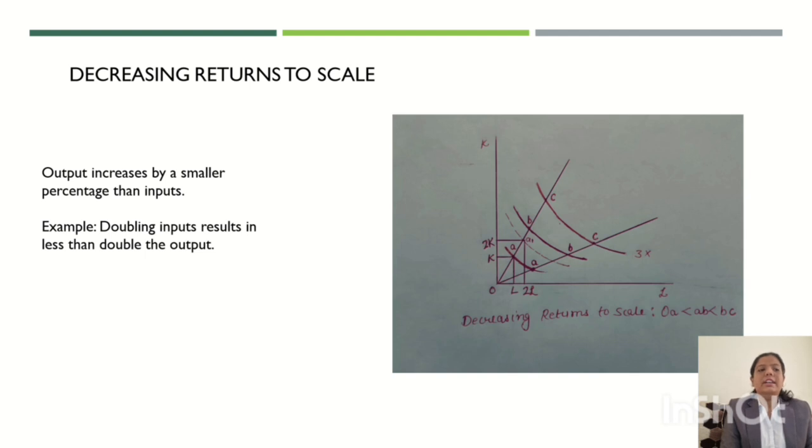For example, if we double inputs and the result is less than double the output, then that is decreasing returns to scale.